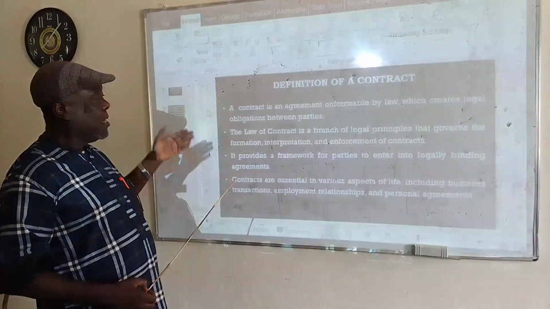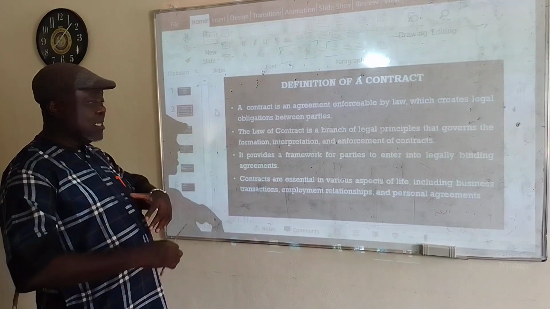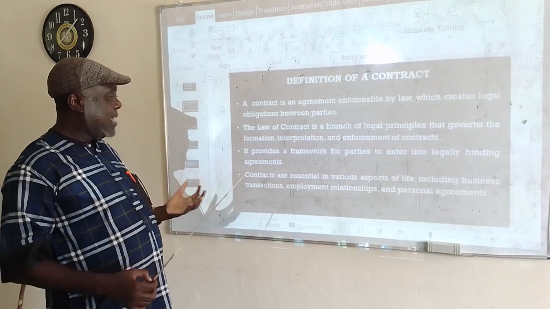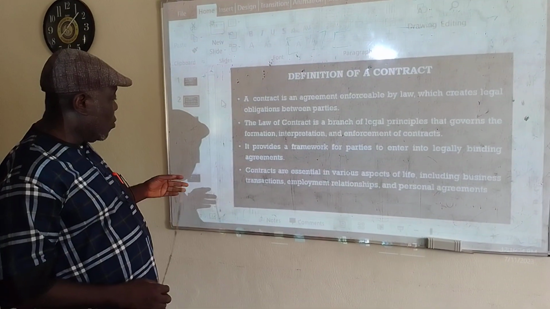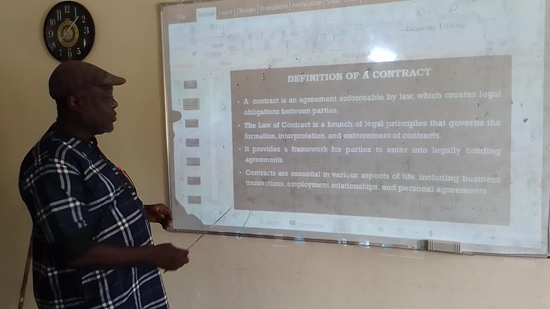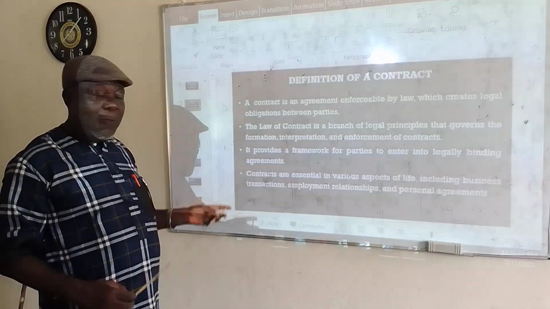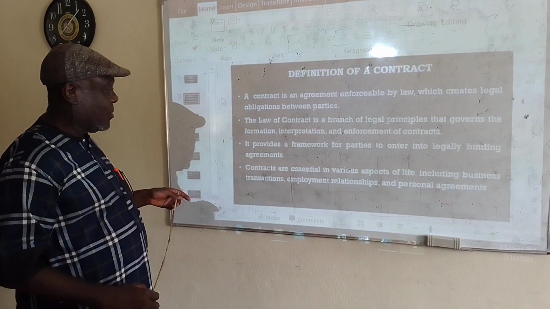As we earlier said, these agreements must be what? Enforceable. So it is a framework. The law of contract provides a framework for parties to enter into legally binding agreements. Now, we also say contracts are essential in various aspects of life, including business transactions, employment, relationships, and personal agreements.